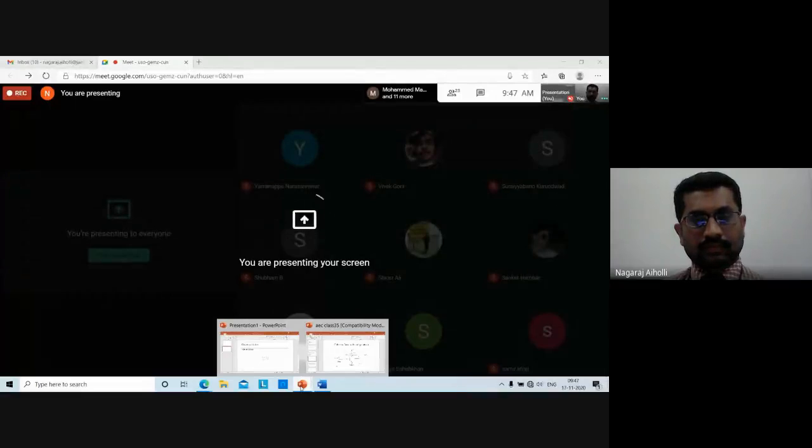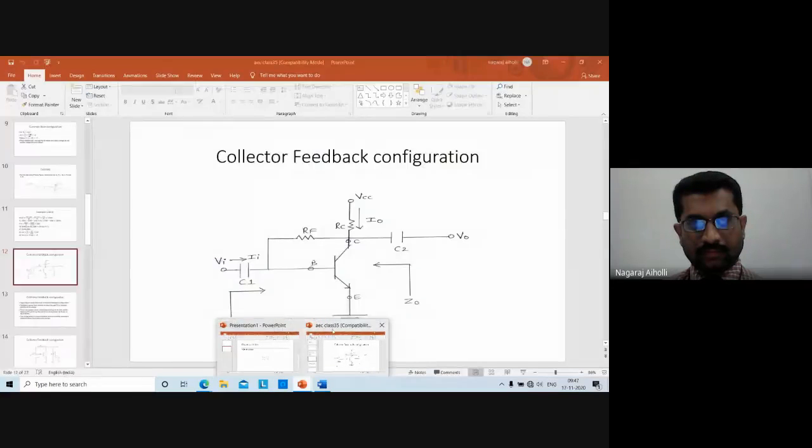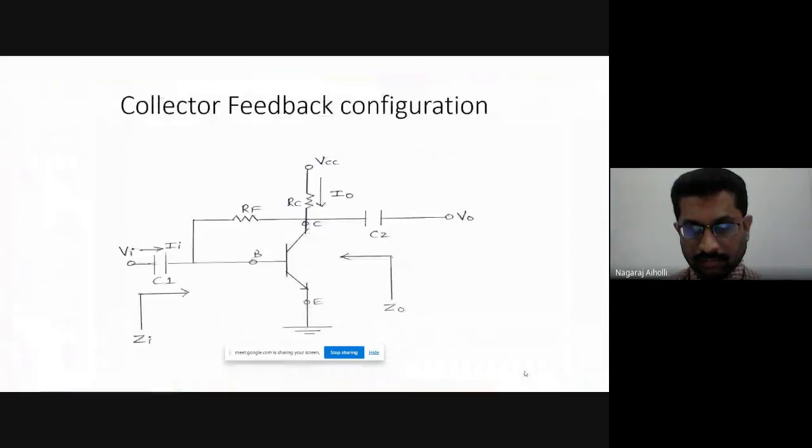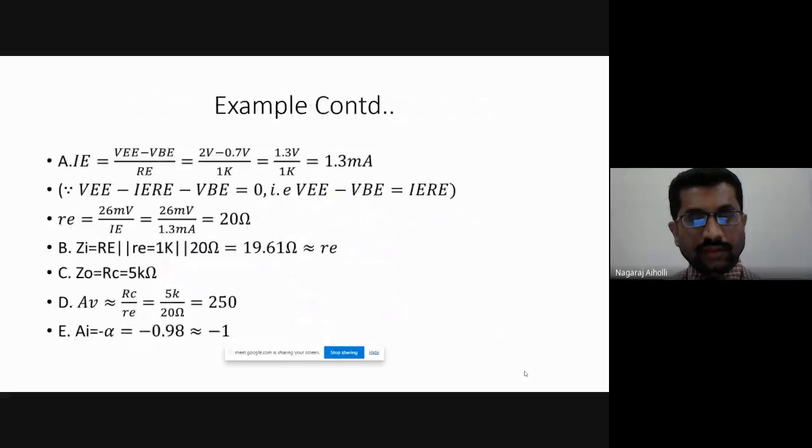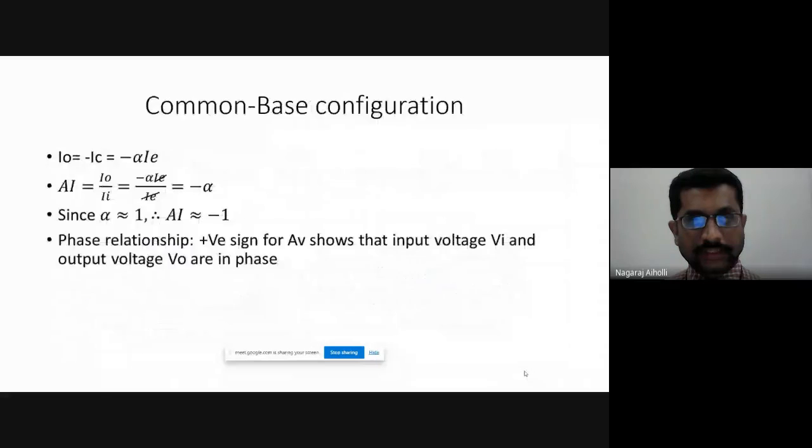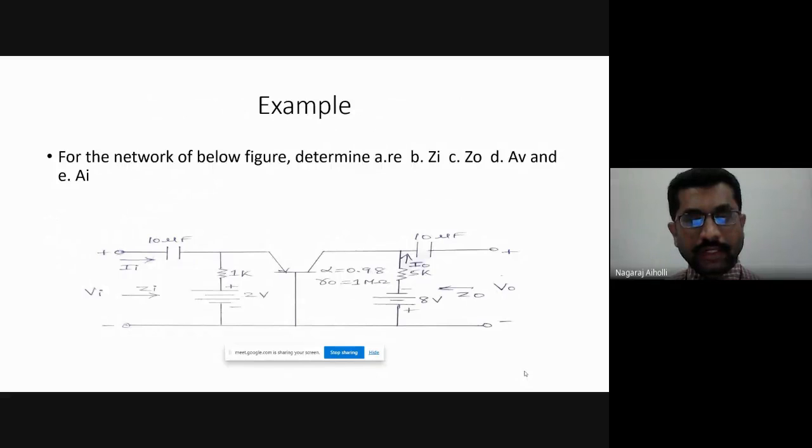In the last class, we discussed the common base configuration, and the last one that we discussed was the example on common base configuration considering the PNP transistor.